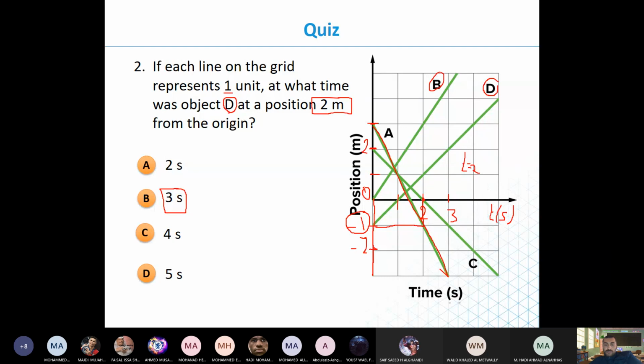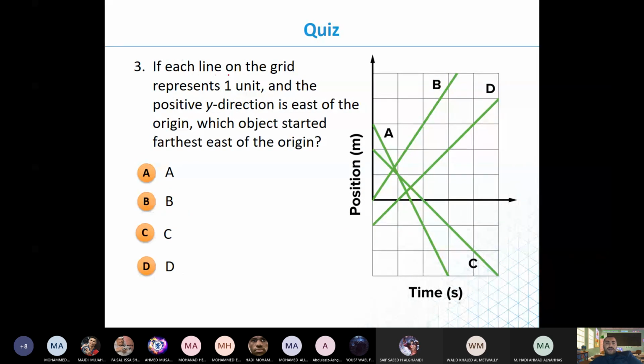Yes, Mister. So now, if each line on the grid represents 1 unit and the positive y direction is east, make sure that you understand this, guys. If this is the origin, the positive y direction is towards the east. Which objects start farthest east of the origin, among all these objects A, B, C, and D?